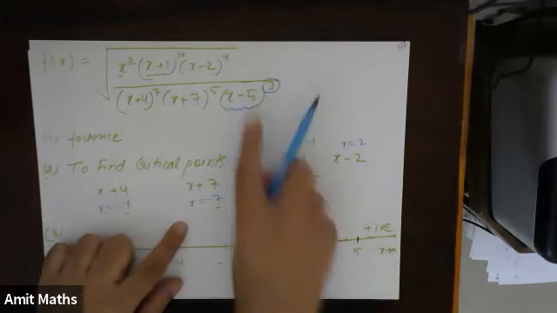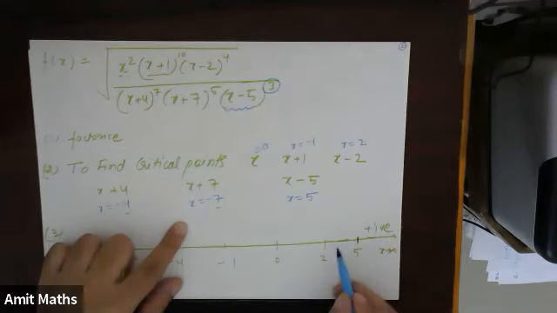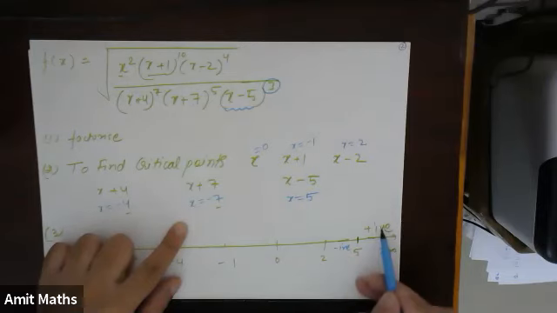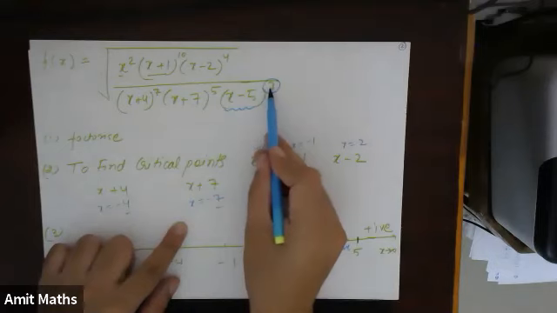So this positive will become negative. If it is negative here, it will change to positive; if it is positive, it will change to negative. It will become the opposite if the power is odd.